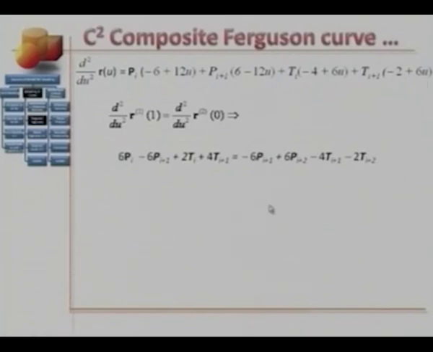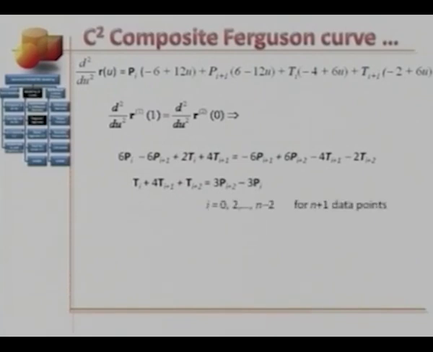Once done, the right hand side can be obtained. One can rearrange these terms to get t_i plus 4 times t_(i+1) plus t_(i+2) equals 3 times p_(i+2) minus 3 times p_i.